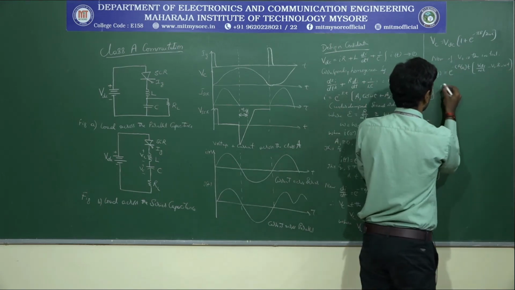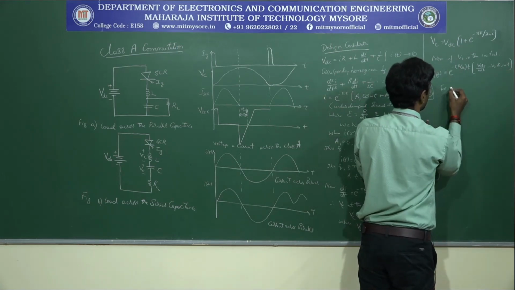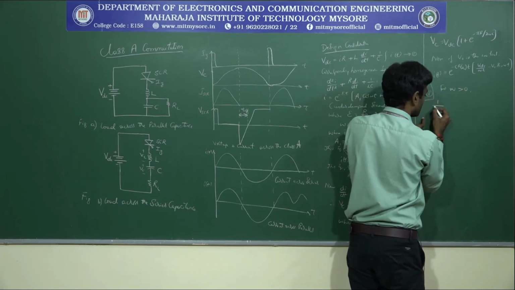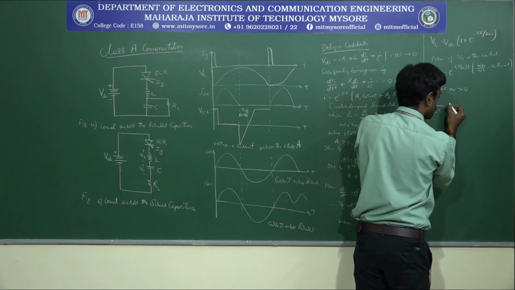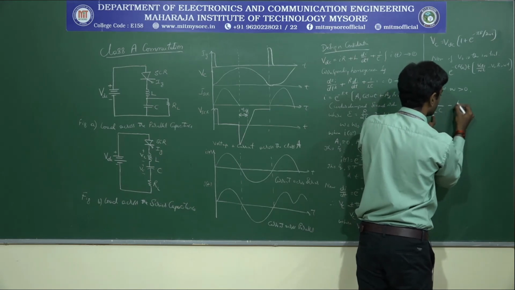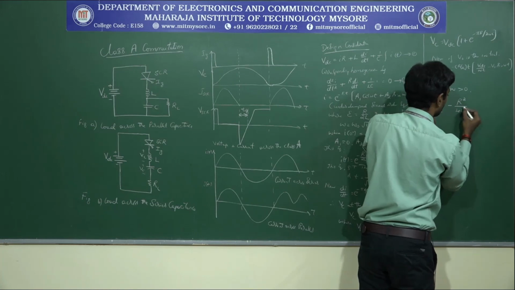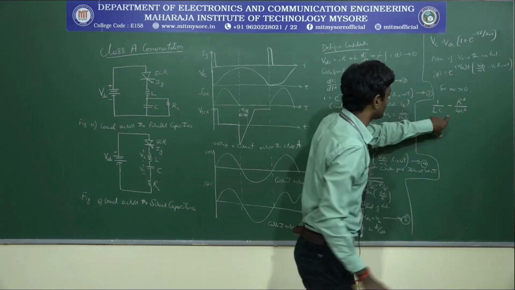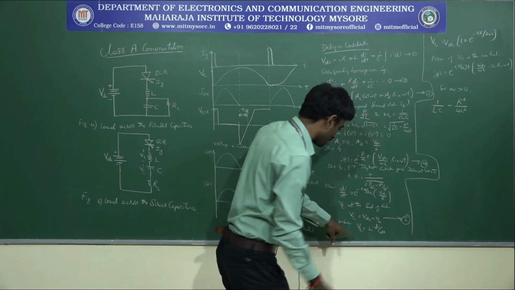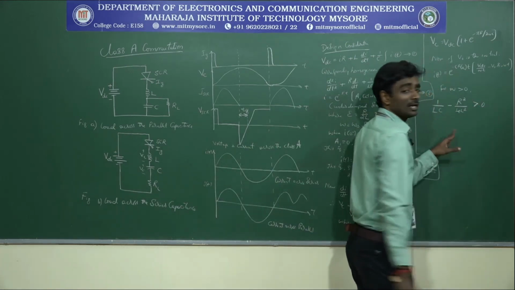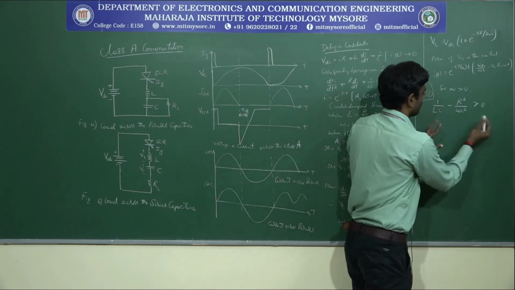In this condition, if you consider omega to be greater than 0, I can write 1 divided by LC minus R square by 4L square should be lesser than 0.